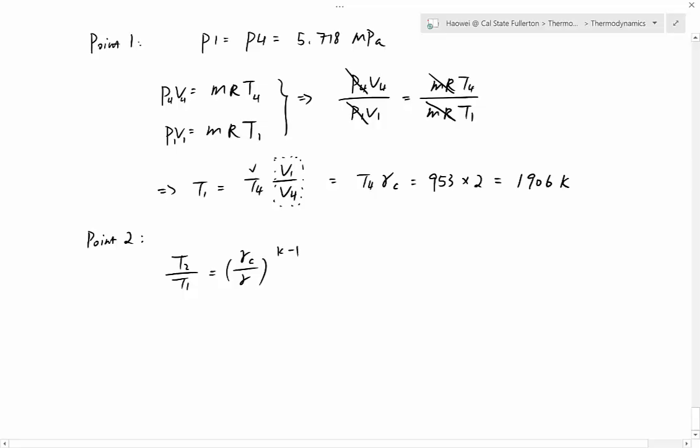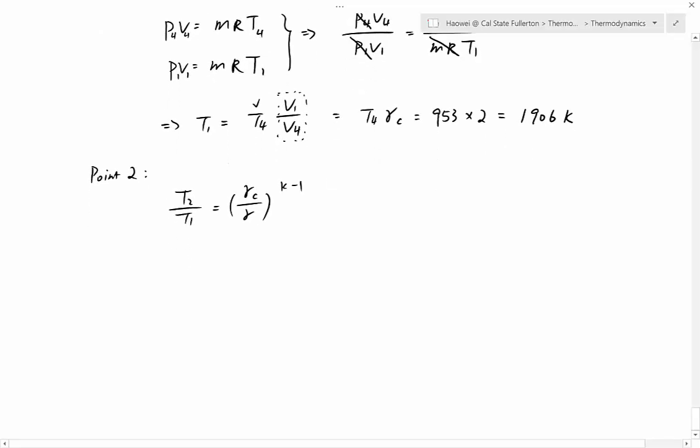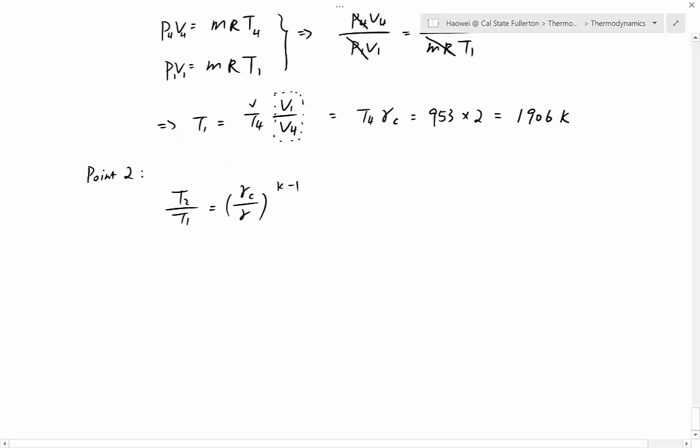So from here, we can easily find T2. T2 is equal to T1 times gamma C over gamma with the index of k minus 1. Plug in the numbers. Solution to T2 is 791 Kelvin.